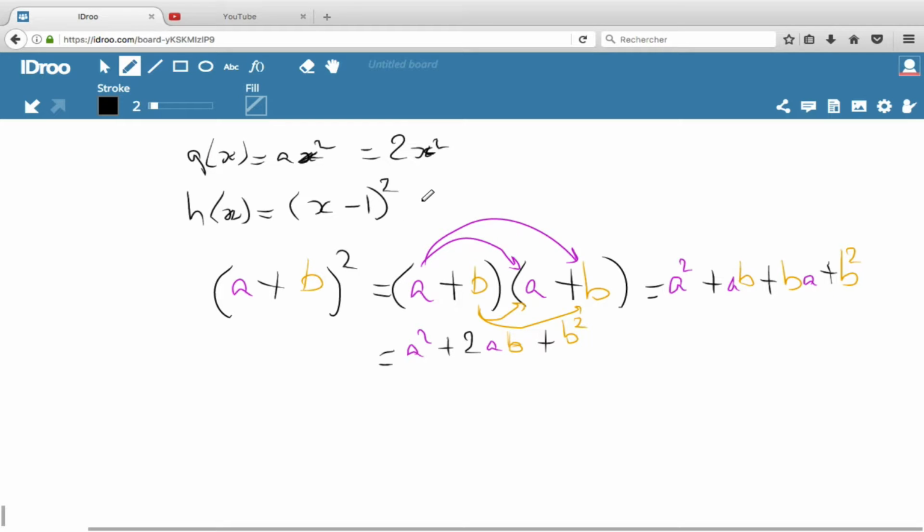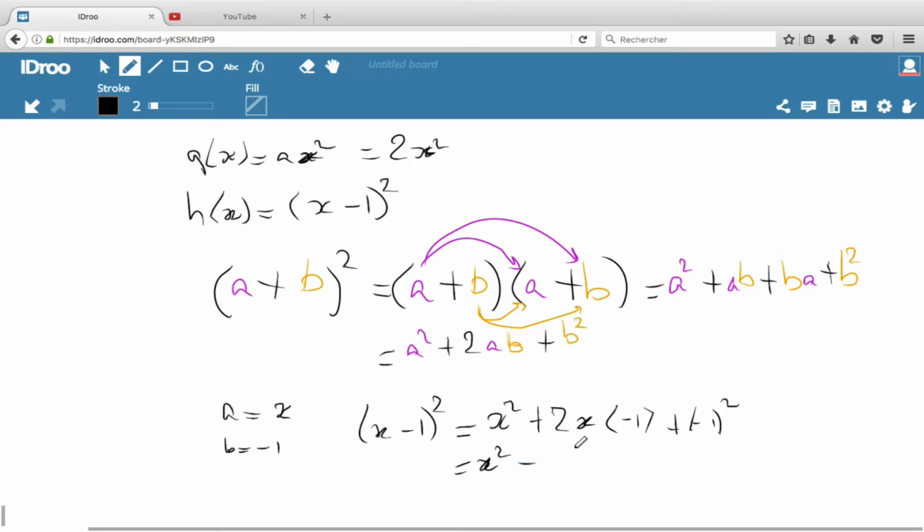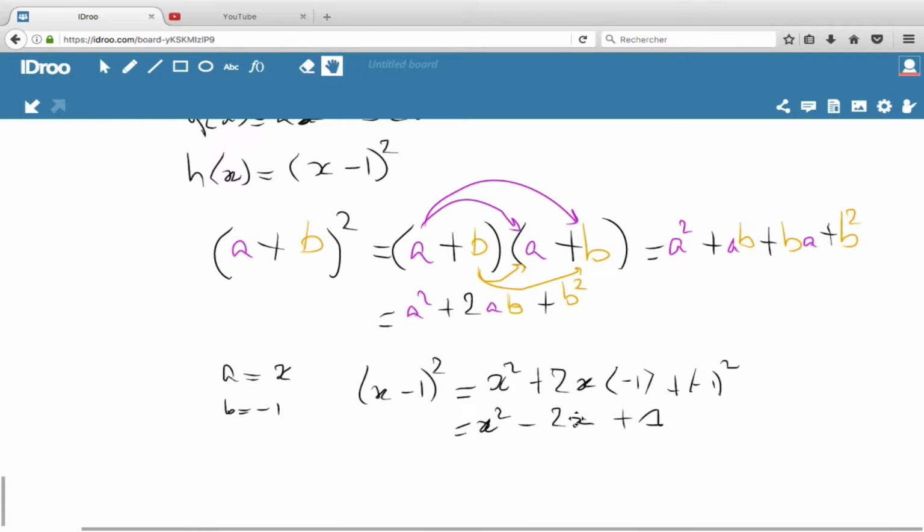So if we apply this with a equals x and b equals minus 1, that means x minus 1 to the square equals x to the square plus 2 times x times minus 1 plus minus 1 to the square. So that means x to the square minus 2x plus 1. Okay. So we can say that this is the expand form and this is the factor form.